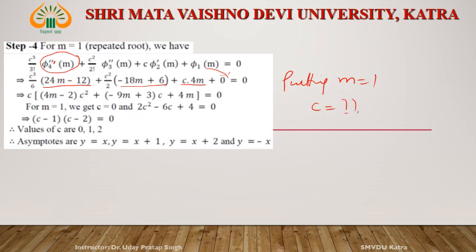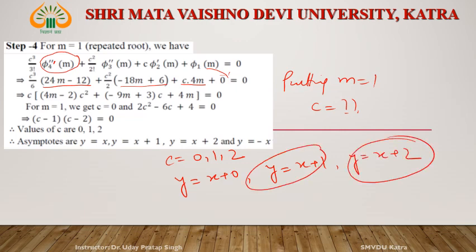Then c can be given by 0, 1 and 2. Now the equations are y is equal to 1 into x plus 0, y is equal to 1 into x plus 1, and y is equal to 1 into x plus 2. These are the asymptotes, and one previous asymptote, that is y is equal to minus x.